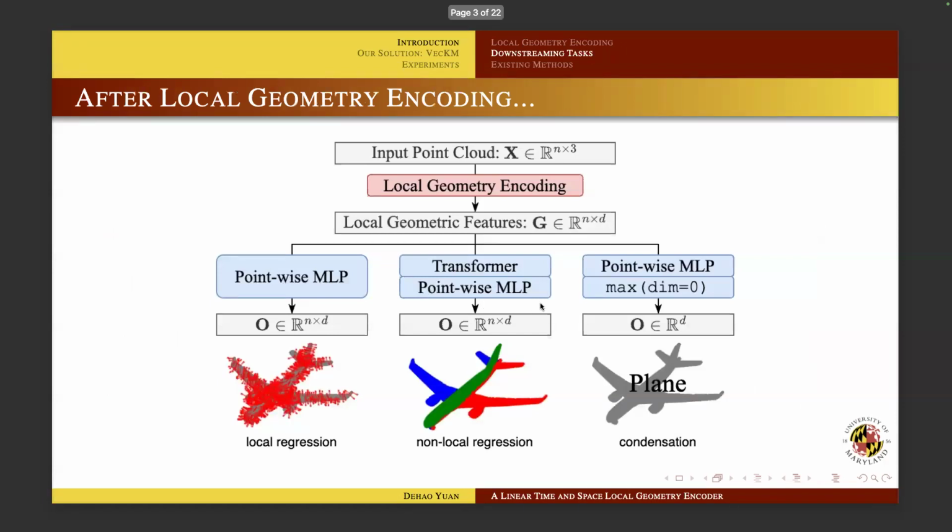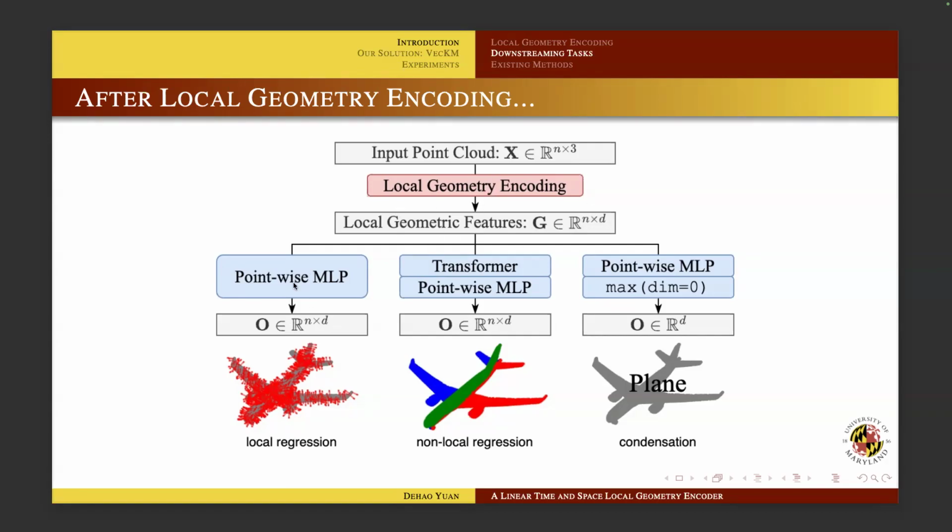So why is this local geometry encoding important? I have a pipeline here which describes the purpose of local geometry encoding. For example, you have an input point cloud X, which is M by 3. After local geometry encoding, you get M by D local geometry features. Then you can do several things.